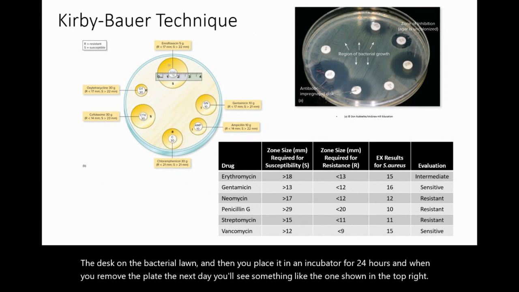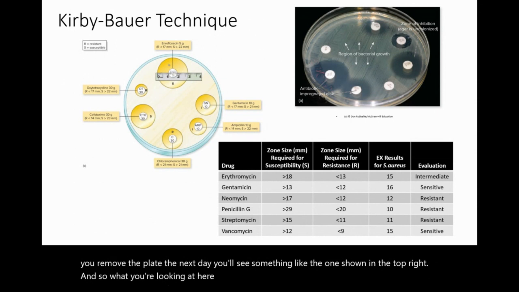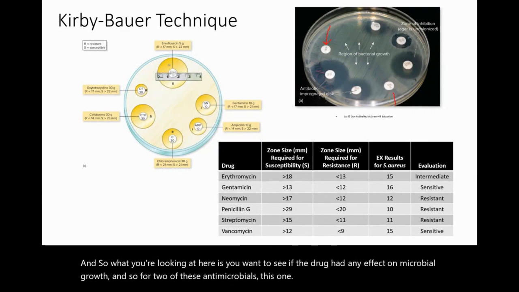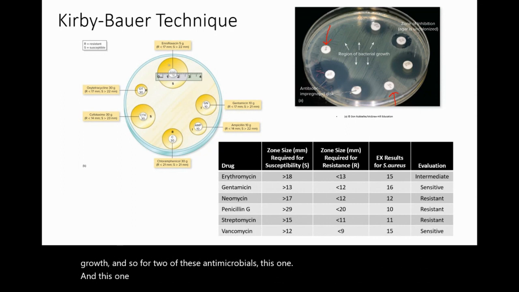And so what you're looking at here is you want to see if the drug had any effect on microbial growth. And so for two of these antimicrobials, this one and this one, right, the drug had zero effect on the bacteria. And you know that because the bacteria grew right up against that disc.